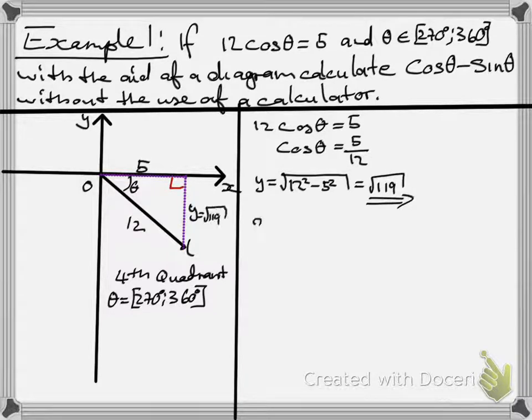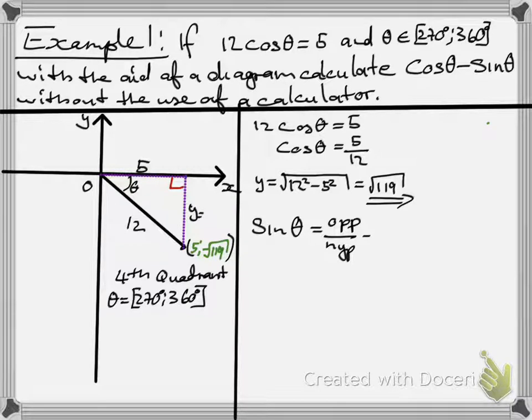After using Pythagoras, we can see the coordinates will be 5 and square root of 119. Basically this will be a negative value, a negative square root of 119, because remember in the fourth quadrant x is positive and y is negative.